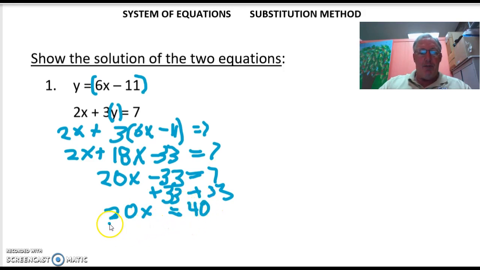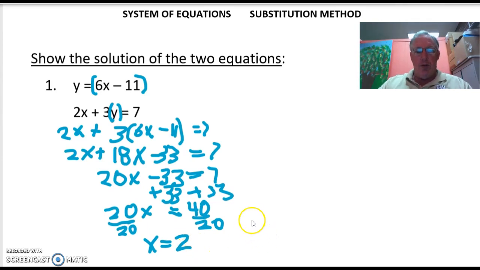Final move to get x by itself is divide each side by 20. So we find after doing this procedure, x is equal to 40 divided by 20. So 40 divided by 20 is 2. So good work on that.